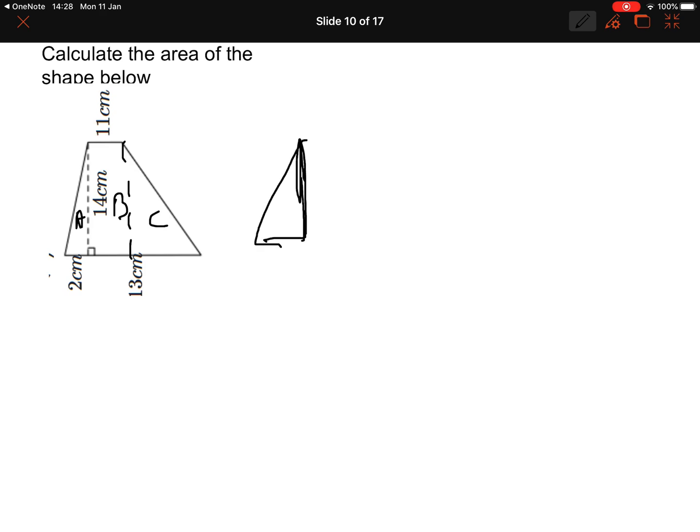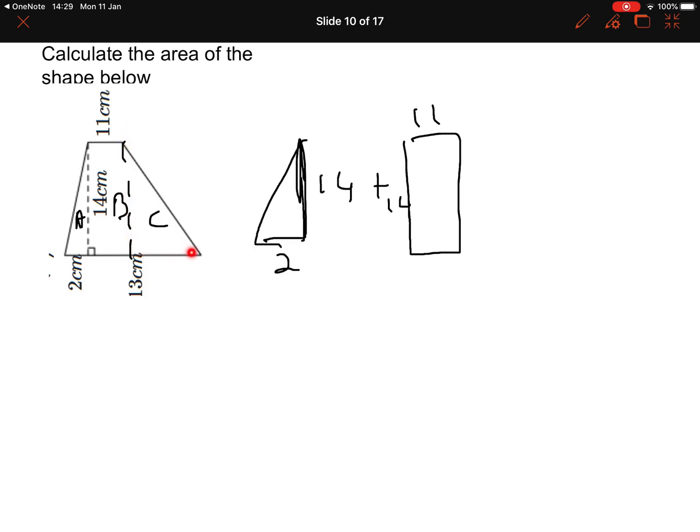You've got a shape like that, which is 2 by 14, plus the area of the bit. Now the height is going to be 14 still. The base, if you look at this part here, the base is 11.